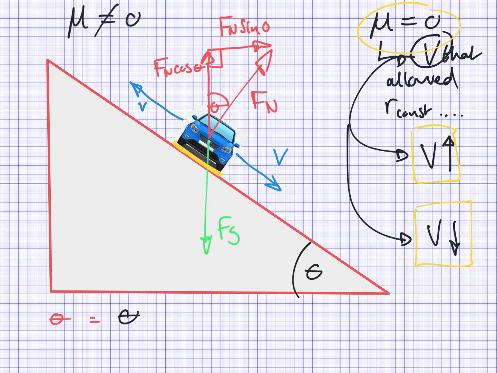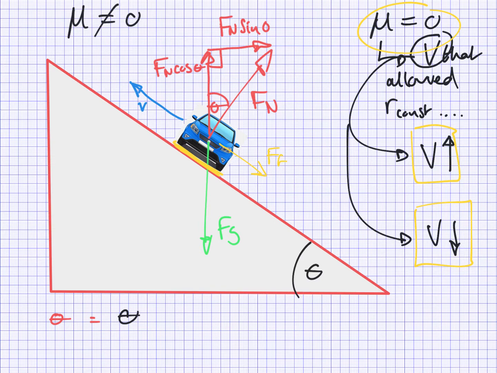So let's imagine that the speed is greater and the car is going to have a tendency to move up the ramp, then of course friction is going to be acting against that motion. So that would be the force of friction.